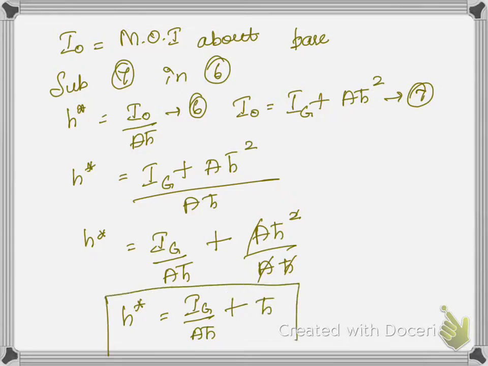This is the formula for center of pressure, which I take as equation number 8. From equation 8, it is very clear that the center of pressure lies below the center of gravity of the vertical surface, and the distance of the center of pressure from the free surface of the liquid is independent of the density of the liquid. This is the conclusion we come to from this derivation.